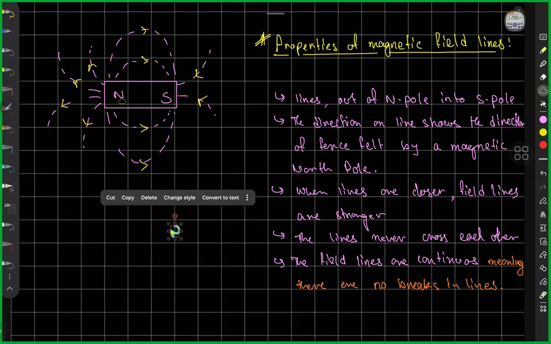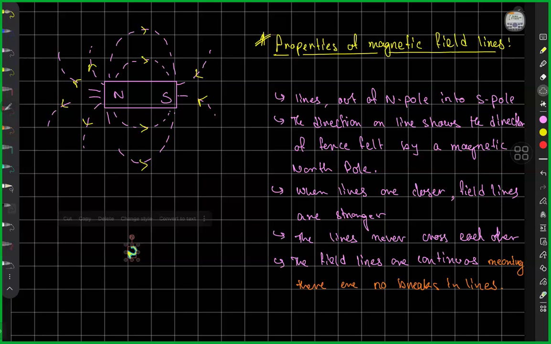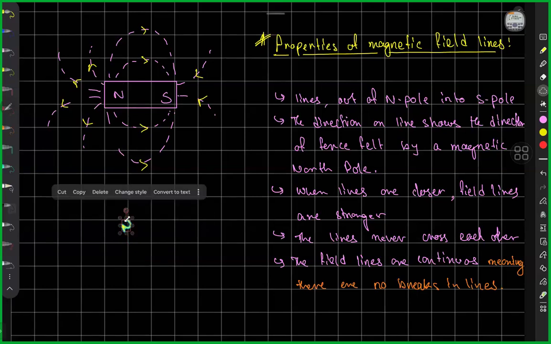The dotted line shows you the path taken by a typical North Pole positioned in any given position. So if it's positioned here, it takes this path. Like if this was an electric field, it would be the path taken by a positive test charge. But since it's a magnet, we talk with respect to a North Pole. What is the path taken by a North Pole?